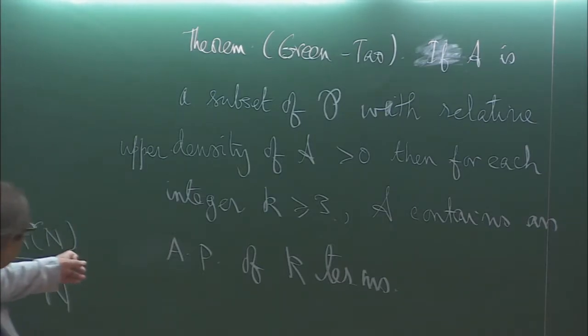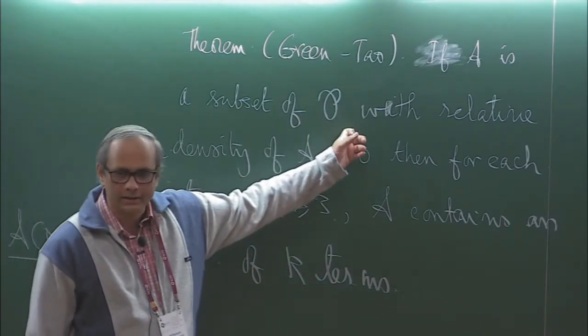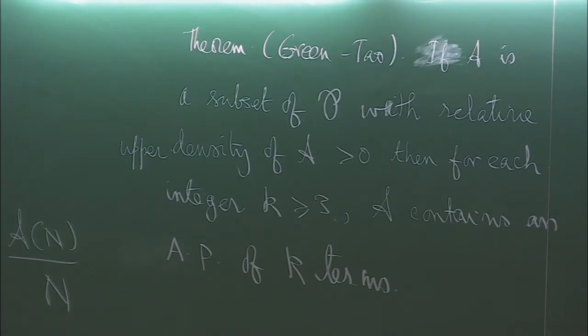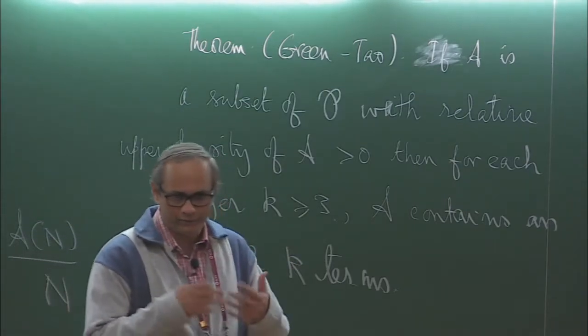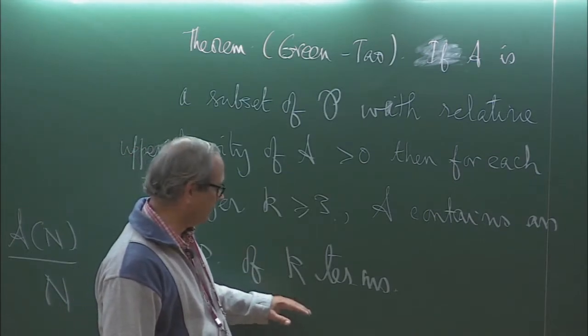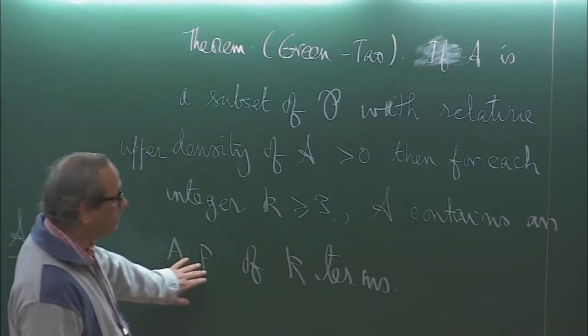So this talks about an additive structure, namely having an arithmetic progression, inside a multiplicatively defined set, namely the set of prime numbers, which are the basic multiplicative subset of the natural numbers. You know that there are other famous problems falling within this theme like Goldbach conjecture or twin primes and so on. So this is a problem of a similar sort, and it was open for a long time, and it was a spectacular achievement when this was proved.